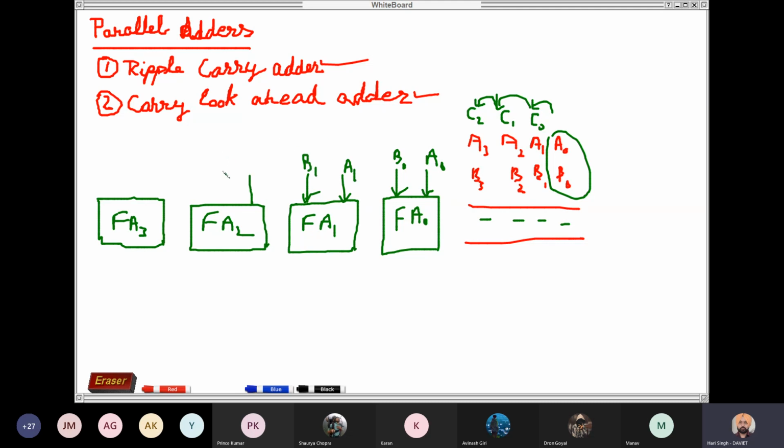Next will add A2 and B2. And next will add A3 and B3.